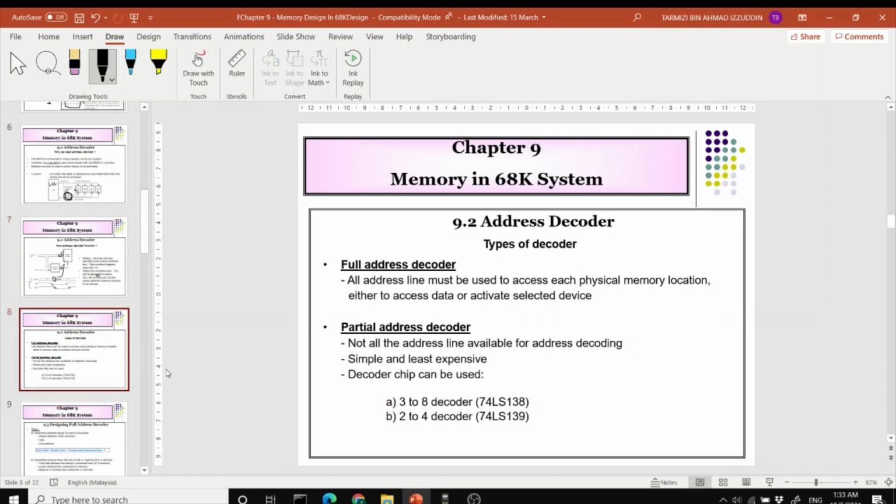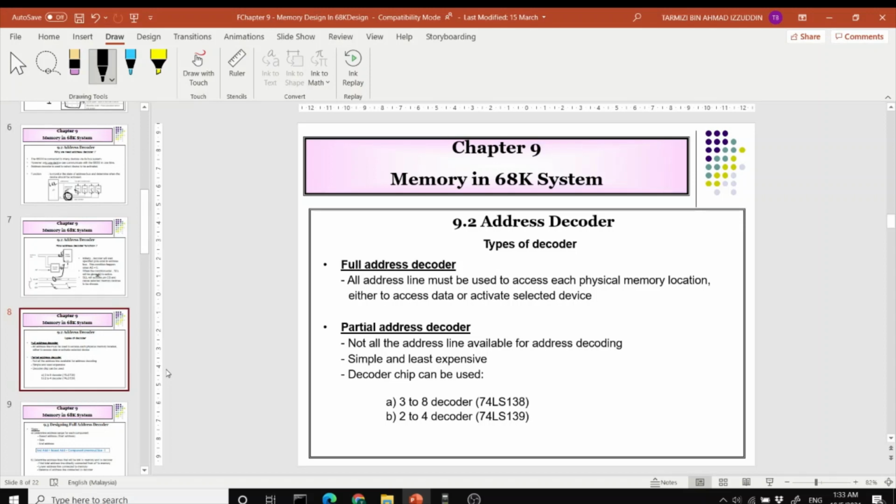There are two types of address decoder. The first one is the full address decoder. In a full address decoder scheme, all address lines must be used to access each physical memory location, either to access data or activate the selected device. Whereas in a partial address decoder, not all of the address lines are used for decoding.